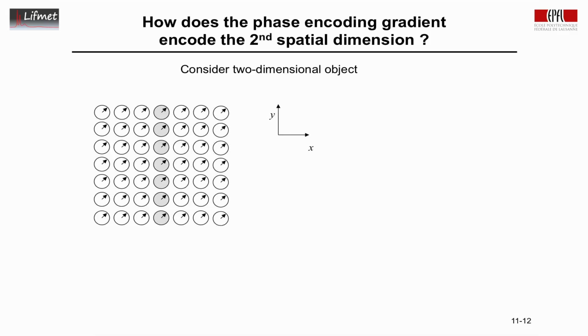So let's say we have a two-dimensional object along X and Y. We're looking at the transverse voxel magnetization in our two-dimensional object. It's a 7x7 object here.